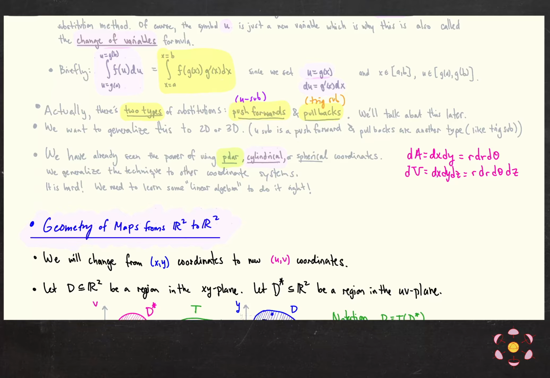Okay, and then finally, our third type of substitution we learned was spherical coordinates, also in three dimensions. So this one had the most interesting form here, where dx dy dz, when we changed the variables to spherical, we had rho squared sine of phi times d rho d theta d phi.